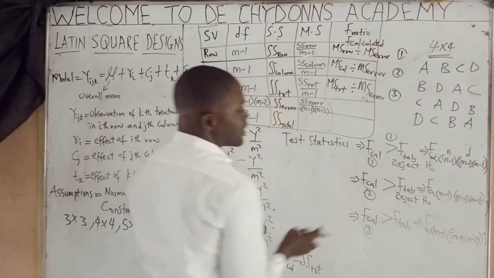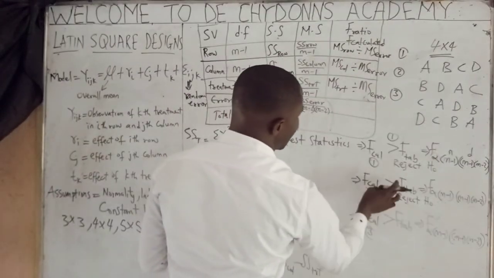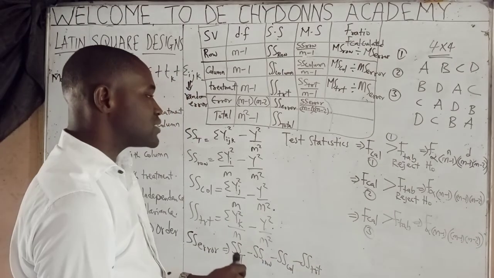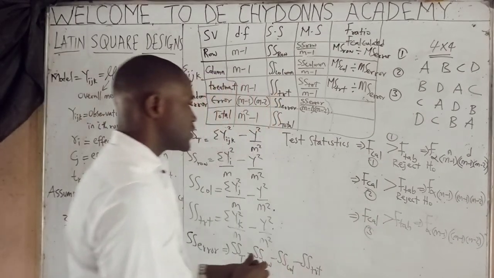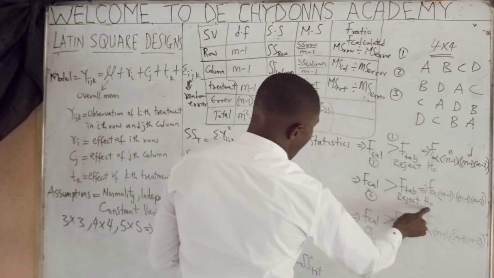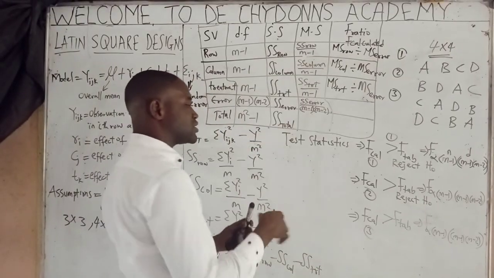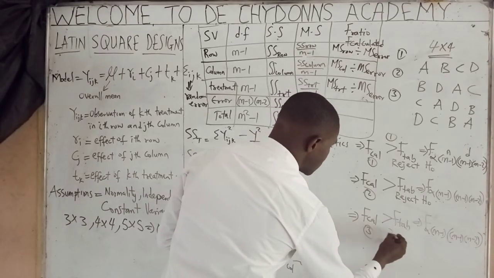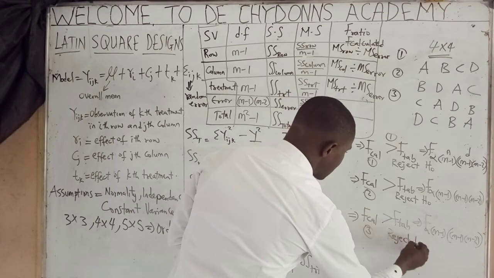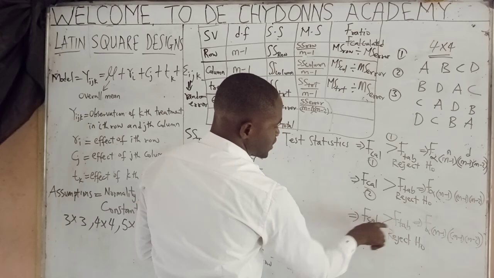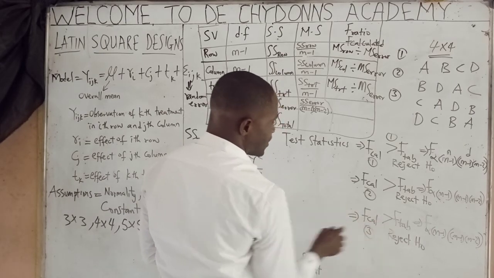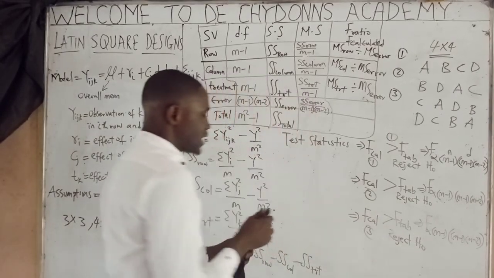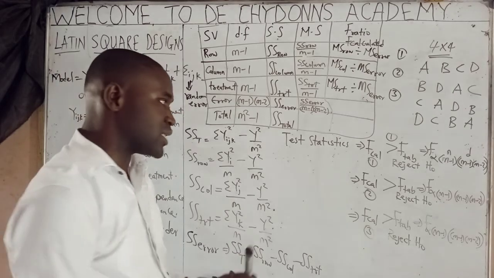If the calculated value is greater than F table, then you now say reject null hypothesis. The meaning of rejecting null hypothesis simply means accept the alternative hypothesis. Then this one also means reject null hypothesis. If this is greater than this, reject null hypothesis and accept alternative hypothesis.